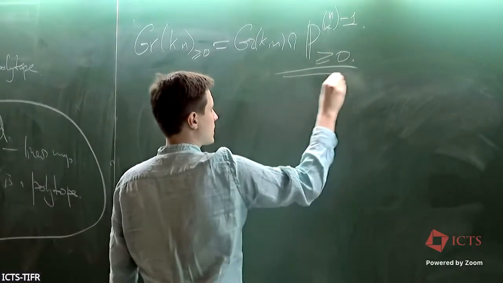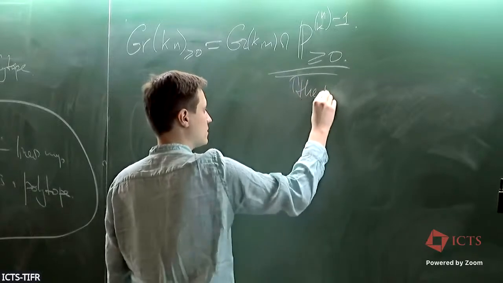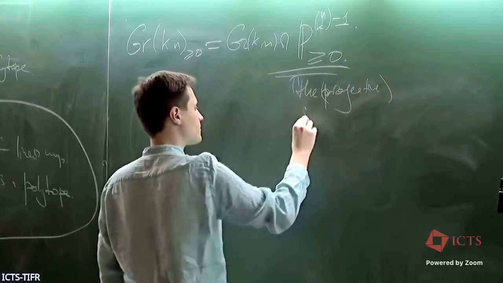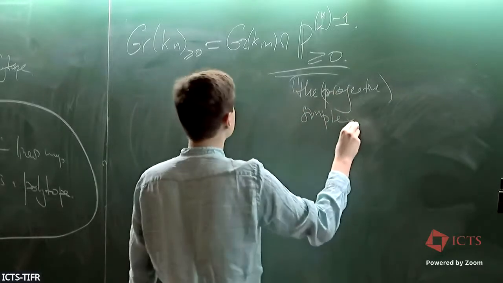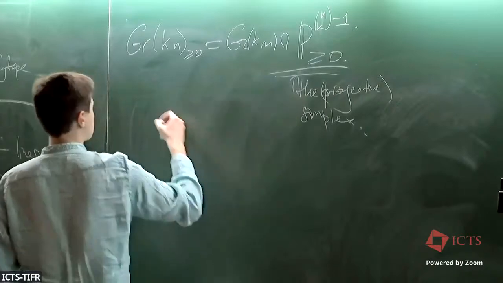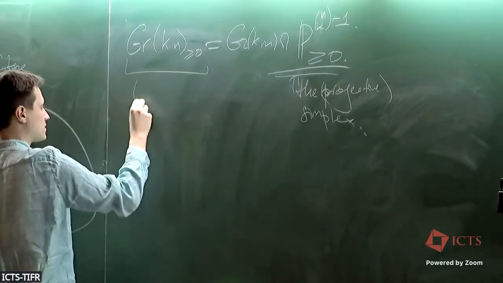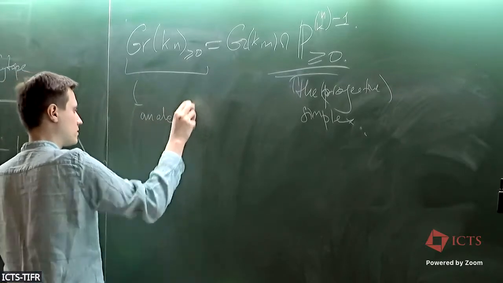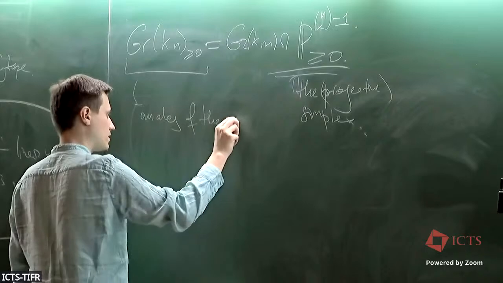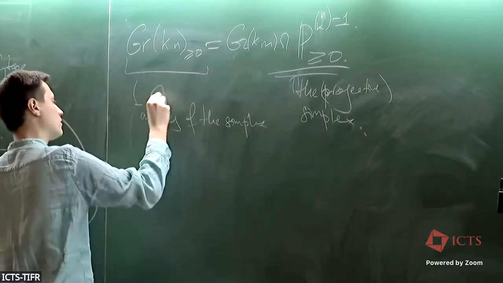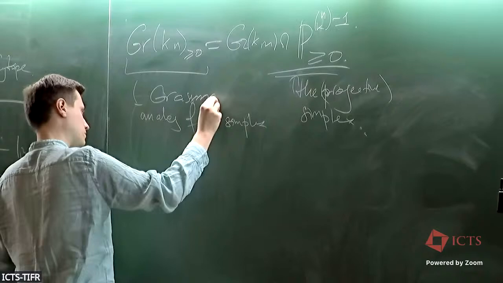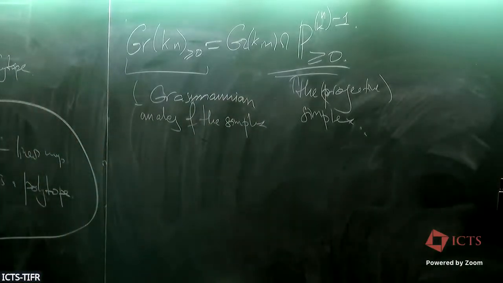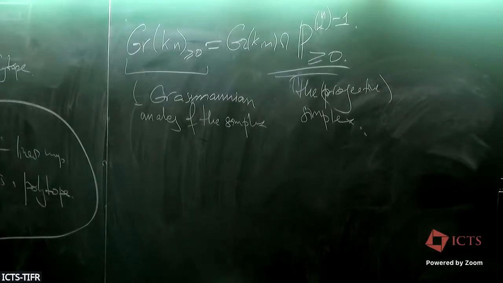So projectively, this is the projective simplex, and we intersect it with the Grassmannian. So this is the Grassmannian analog of the simplex.